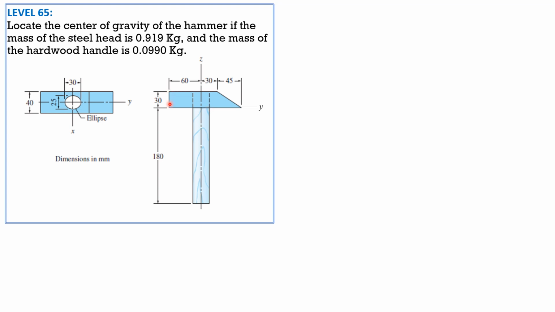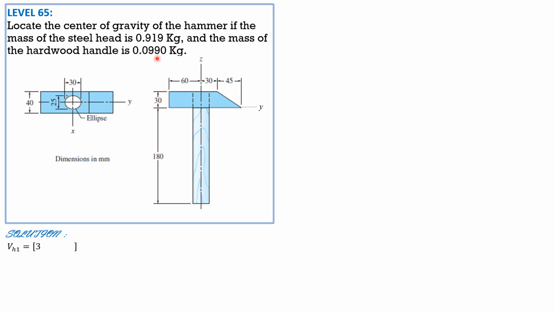So we'll consider this as volume of hammerhead 1, this triangular wedge as volume of hammerhead 2, then the volume occupied by the wooden handle, which is elliptical in cross section, is volume of hammerhead 3, and the volume of the handle, of course, is the volume of the wooden handle, where the mass is 0.099.